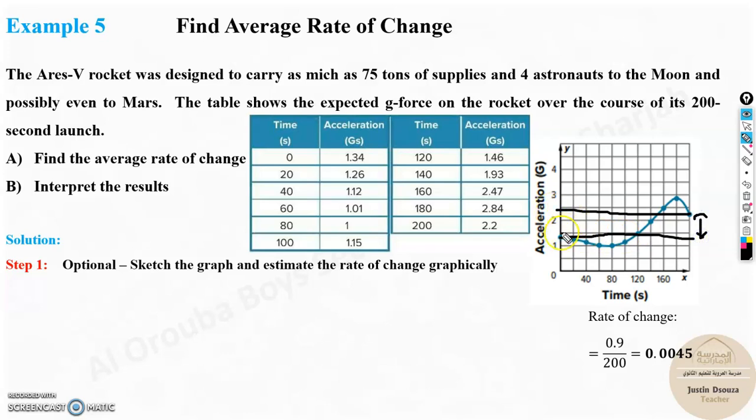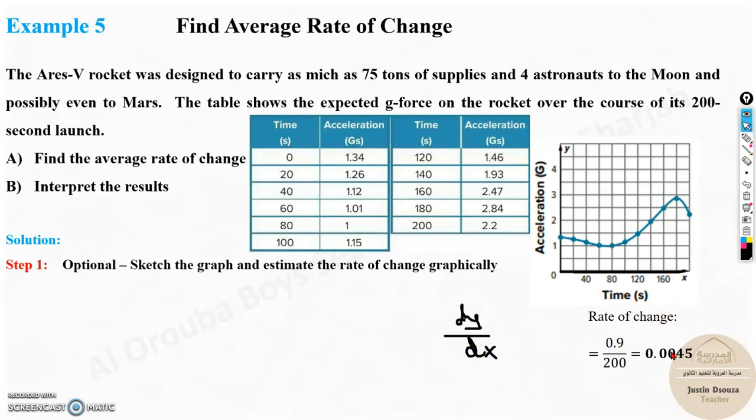If you look closely, it is about 0.9, near to 1. And what is dx? dx is from here to here. This is 200. Very simple. So you just divide dy by dx. That is the rate of change, the slope. So it's 0.9 divided by 200.